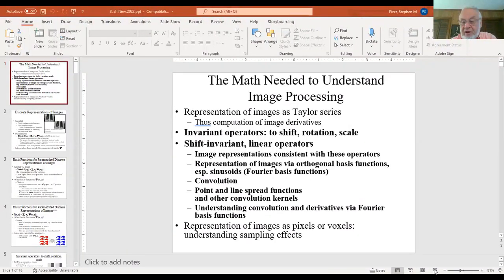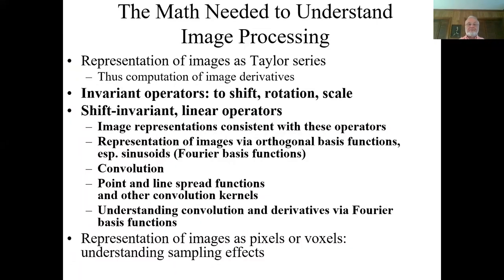So this is a new topic. We've done the first bullet, representing images as Taylor series and computation of image derivatives. And now we're going to go on to, first of all, decide what we mean by geometric operators and invariance to them. And then we're going to go on to the particular kind of operator that is very, very common, and that is a linear operator that's invariant to shift, to translation.